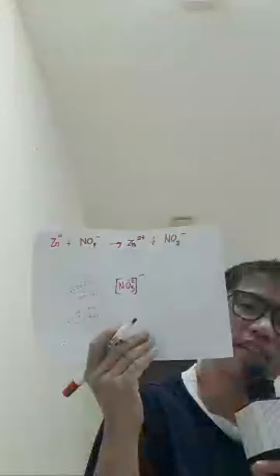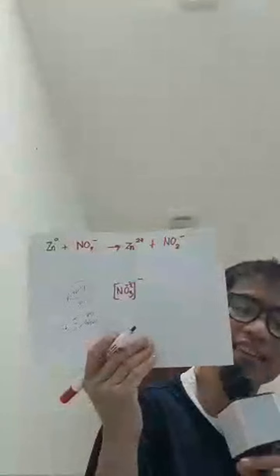Oxygen, what is the charge of oxygen? It is negative 2, right? Put that in the top portion of the oxygen. Negative 2. And the nitrogen, we don't know yet.